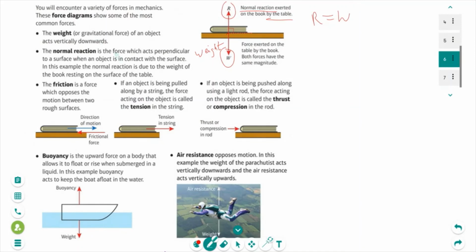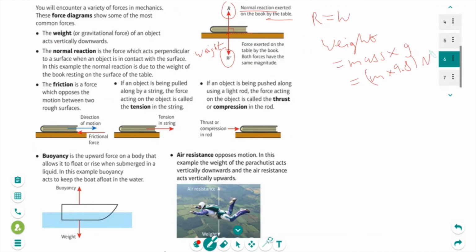Nothing weird is happening. So the weight acts downwards. Okay, so again, I mention it now. If you want to work out the weight, you'll see it later on. The weight on an object is calculated as its mass in kilos multiplied by g, where g is 9.8. So in other words, it's m times 9.8. But you'll see this later on, and the units will be newtons.